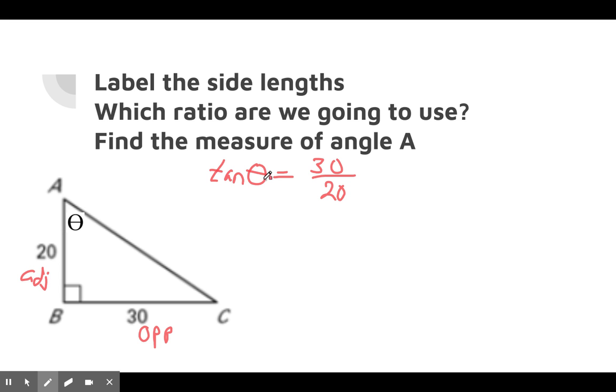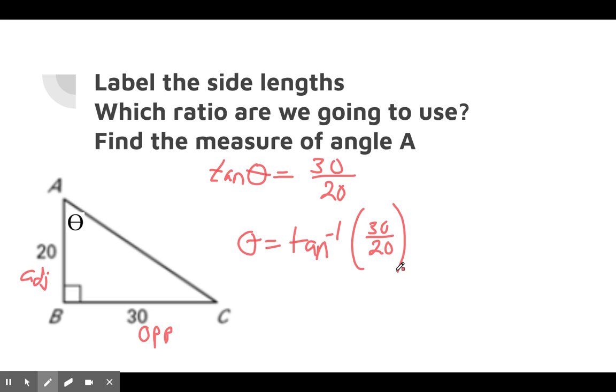Now we have to solve for theta. Tangent is technically connected to theta, so to get rid of tangent and just find theta, we are going to do the inverse. So theta is going to equal inverse tangent of 30 divided by 20. I'm going to do that on my regular calculator first, and then I'll show you how to do it on the Google calculator.